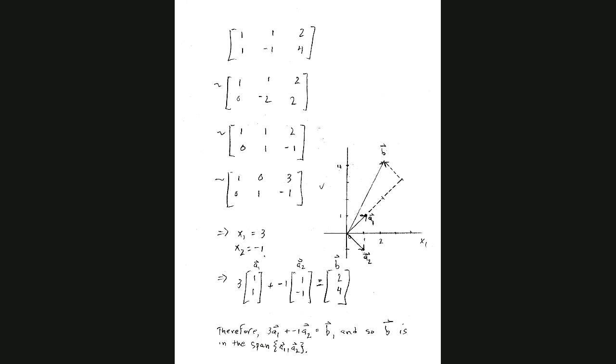So the coordinate (1, 1). Let me just hold on here. The point (1, 1) is in the first quadrant, and I plot the point and I draw the vector.